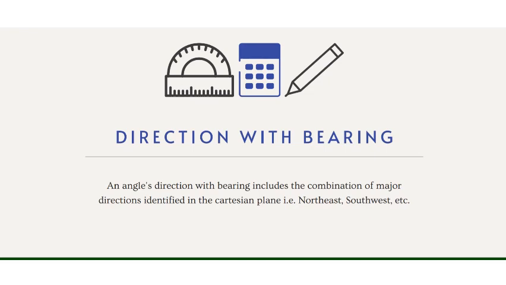Northeast and southwest are basically the 45-degree angles, or those that divide the middle of a major direction. But north of east and east of west are more on determining how close the angle is to the east or to the west.